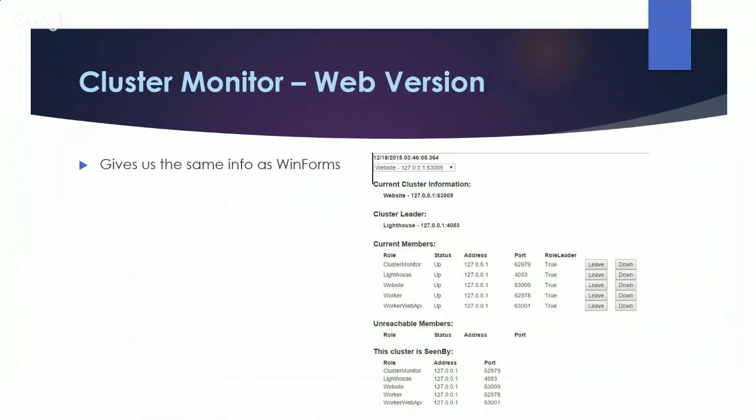It gives you the exact same info as the Windows Forms. So basically, it gives us everything that we need. It allows me to tell one of my members to just leave the cluster, or if it's become unreachable, I can just go ahead and down that member, so it's not part of that cluster.